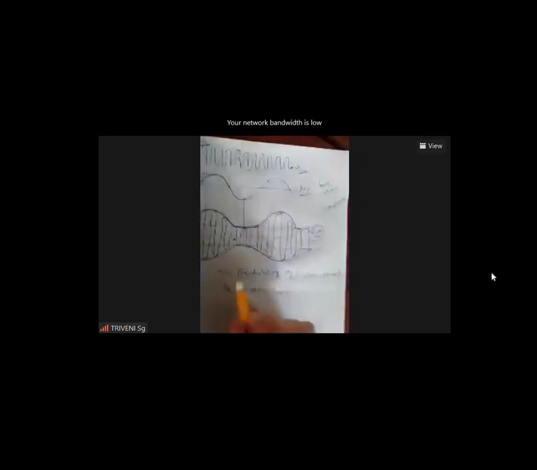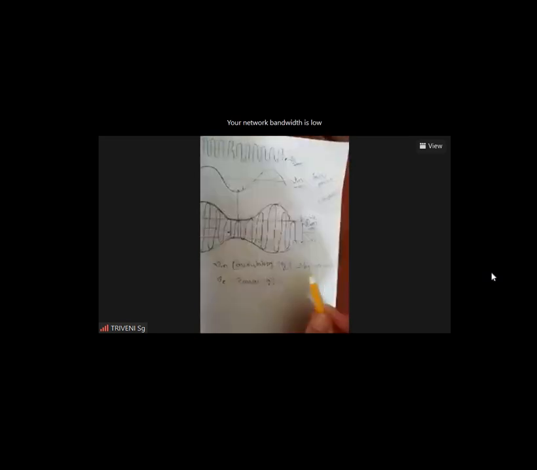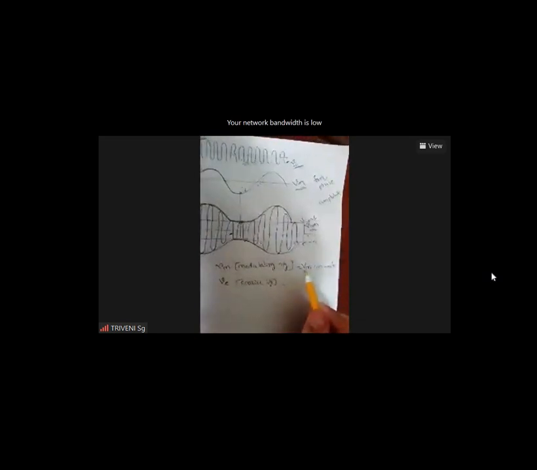It is the equation for the modulating signal. So listen carefully, it is a compulsory question for any exam, either internal or external. It is the compulsory question. The equation for the modulating signal is small vm equal to capital Vm, that is the amplitude of the message signal, cos omega mt.